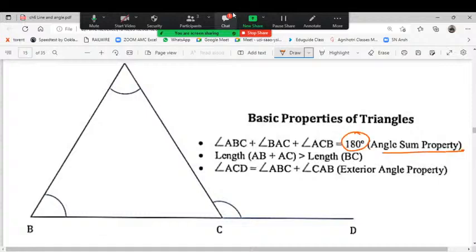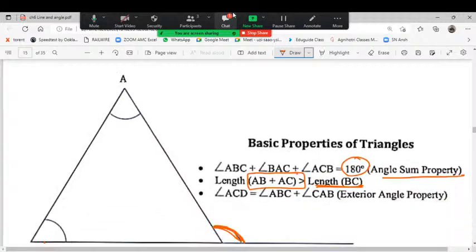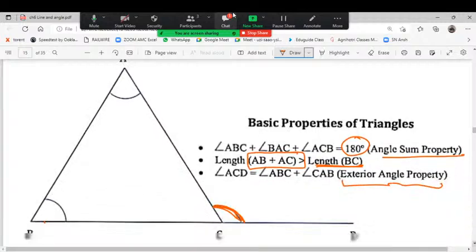One more thing is that the sum of two sides of a triangle is always greater than the third side; it can't even be equal. And this exterior angle ACD is equal to interior angles ABC and CAB. Remember that. The third property is known as the exterior angle property.